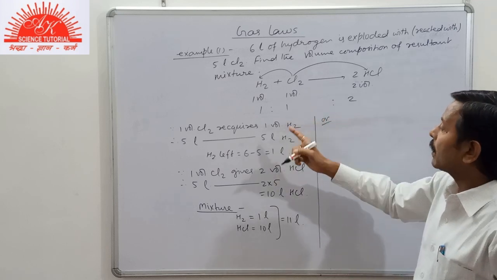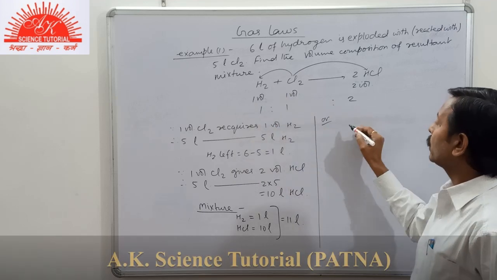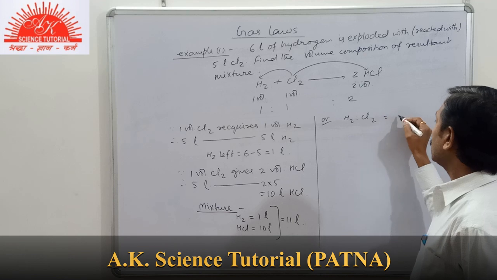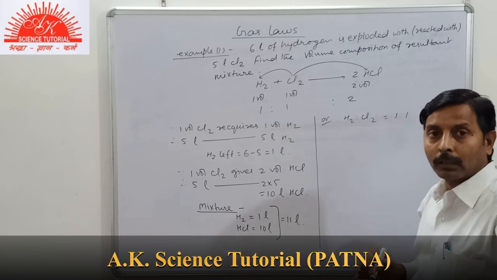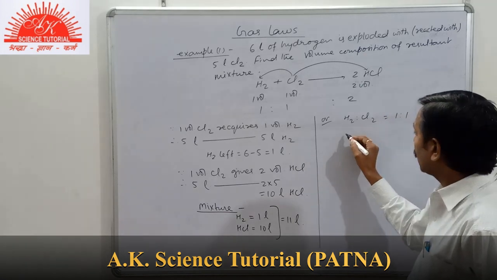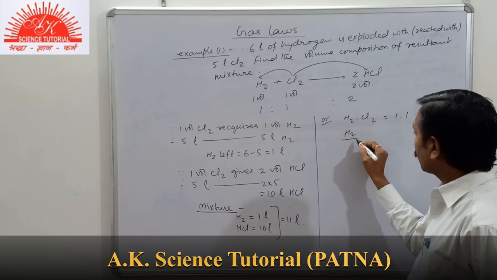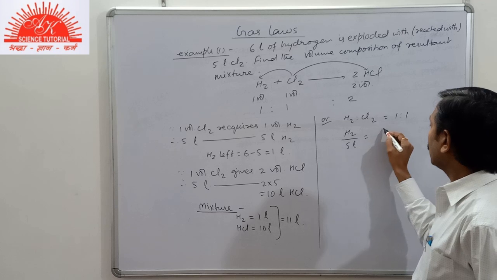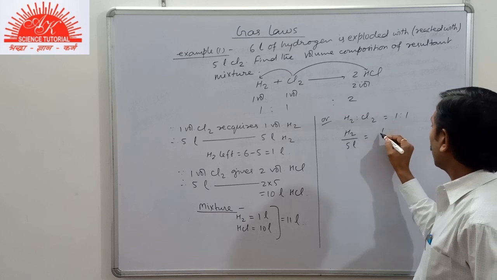Now there is another method, that is the ratio method. In the first part, suppose we are using hydrogen to chlorine, H2 to Cl2, that is 1:1. So hydrogen by chlorine, 5 liter, equals 1 by 1.